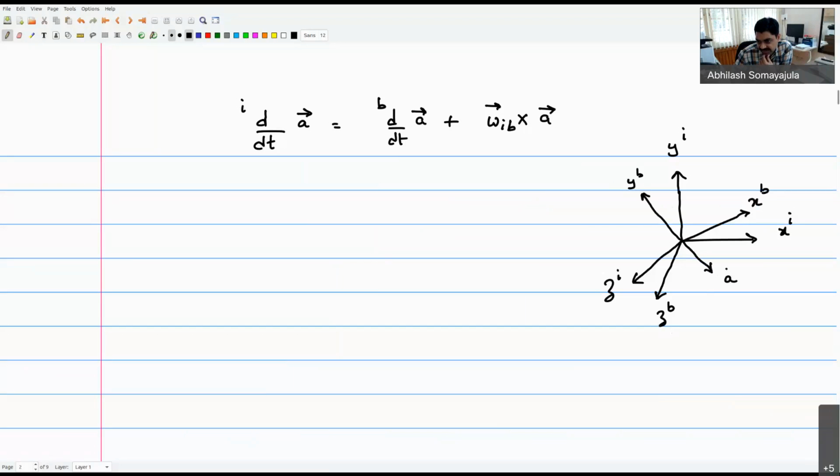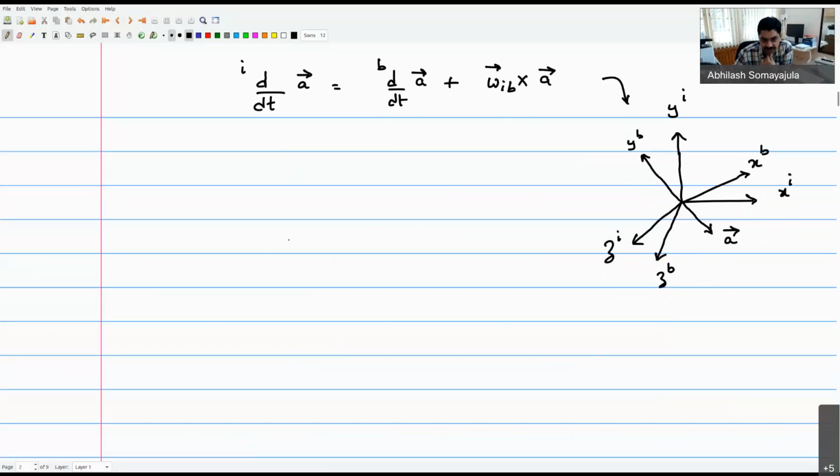So let this be the vector. Now this is applicable in the most generic 3D case, but the example which we will look at we'll restrict to a 2D case so that we can manage it within our time frame. But the same concepts apply to the 3D case as well.